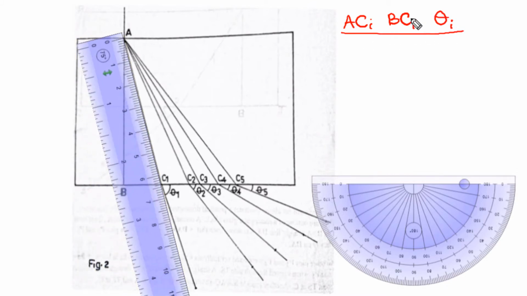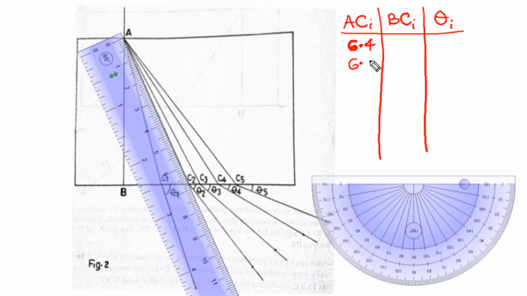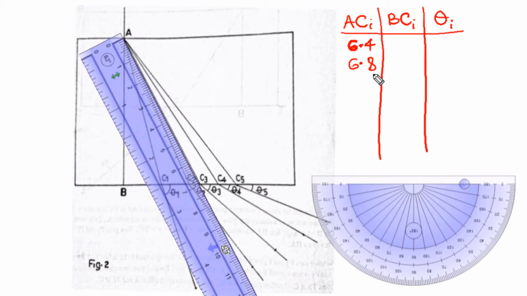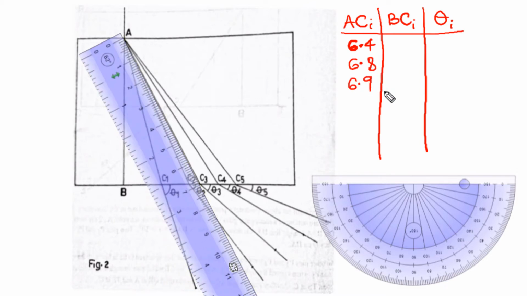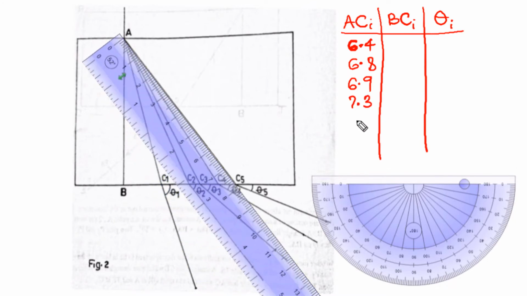Now, taking the value AC1, because AC will be taken concurrently, we can see this is 6.4 centimeters. AC2 in the second case will be 6.7 centimeters, and on like that. We are going to take that reading. I will speed up my video so that we won't get bored with repeating the same thing over and over again.